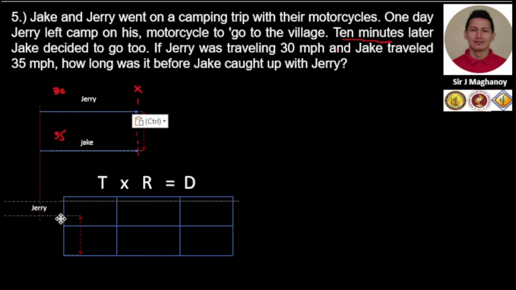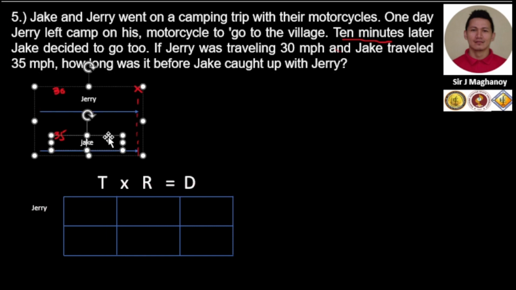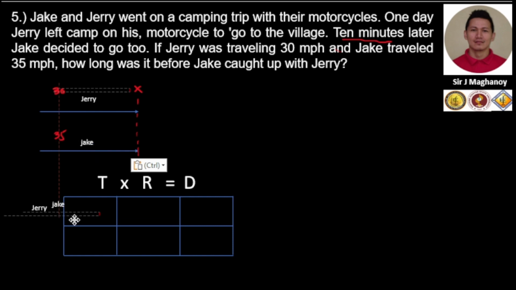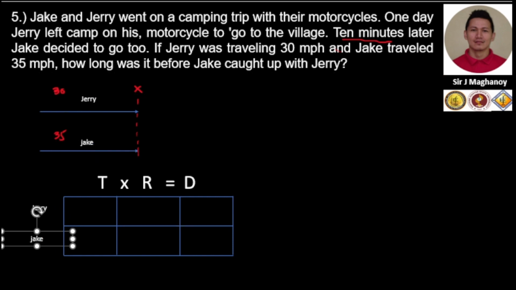So we have Jerry and Jake. Let's start with their speed. For Jerry, we have 30 miles per hour. Our unit here is miles per hour. Therefore, our time here should be in hours also, so that we cancel out hour and the remaining is mile. Okay?